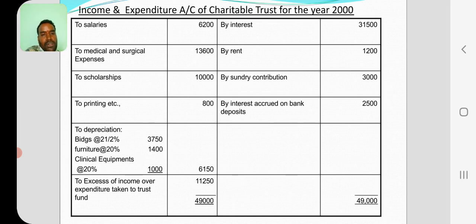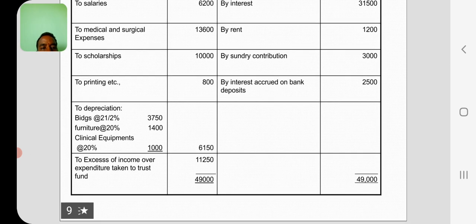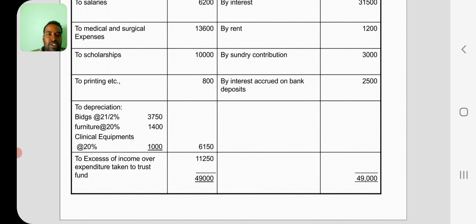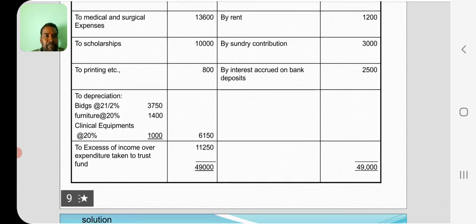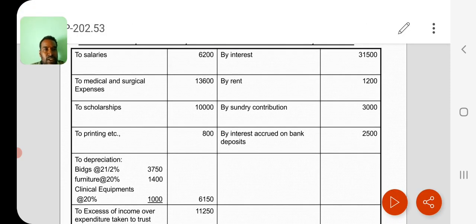To depreciation: buildings at 2.5%, 3,750; furniture at the rate of 20%, 1,400; depreciation on clinical equipment at 20%, 1,000. Total depreciation on various assets is 6,150. Coming to the credit side: by interest 31,500, as it is revenue income.